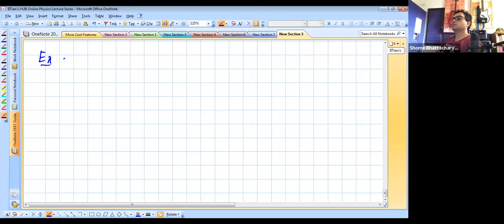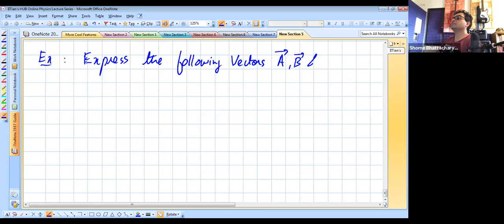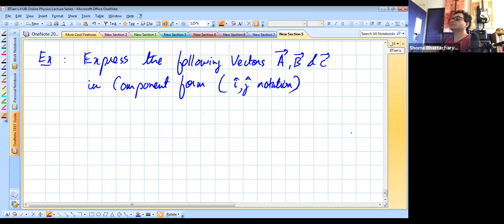Express the following vectors A, B, and C in component form. Sometimes, instead of saying component form, we say i cap, j cap notation. The method of notation that we are using is i cap and j cap, that kind of notation.